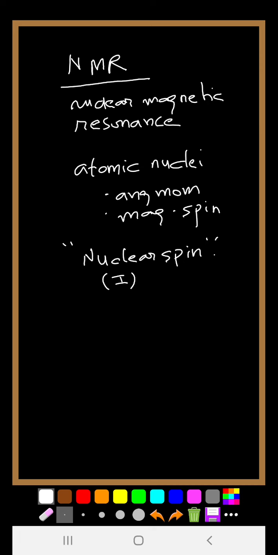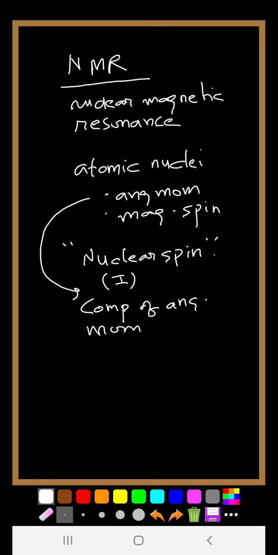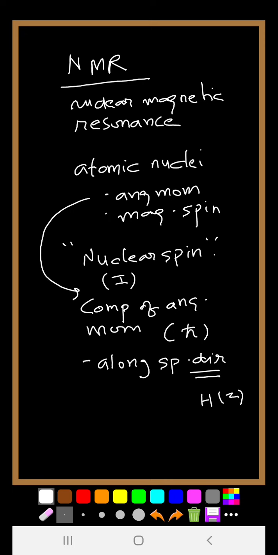So, this is the component of angular momentum in units of h cross along a specified direction, and this direction is that of an applied magnetic field H, preferably along the Z direction.